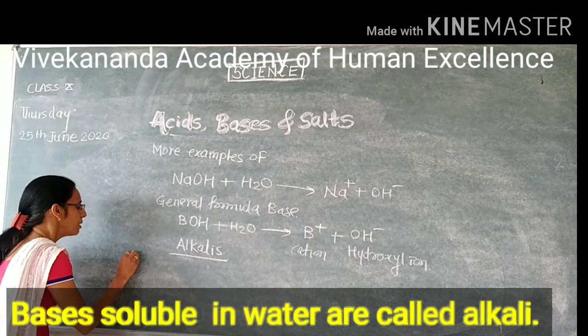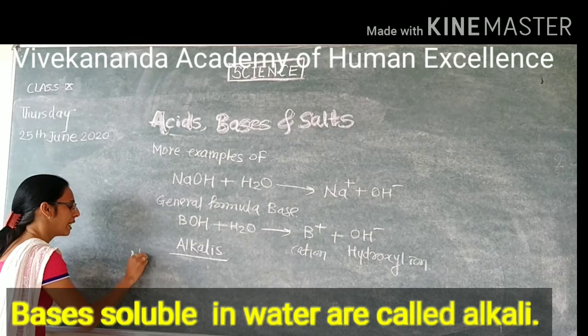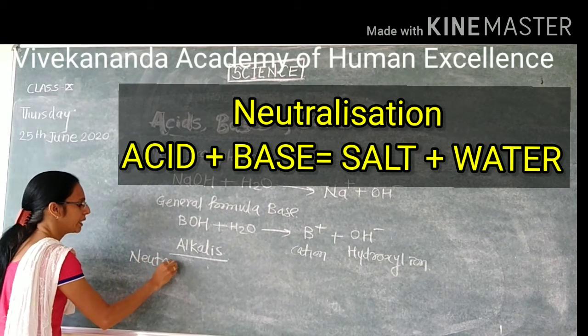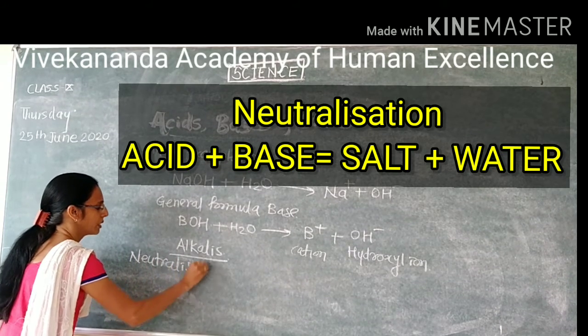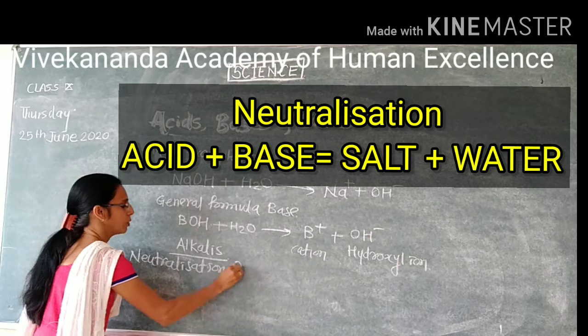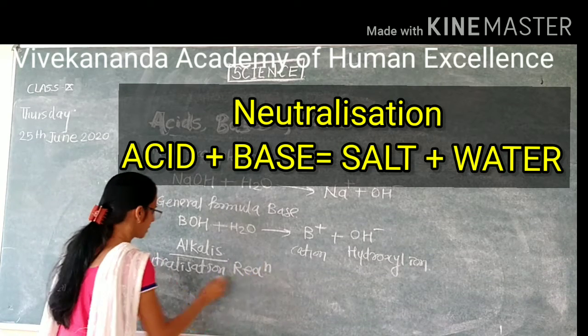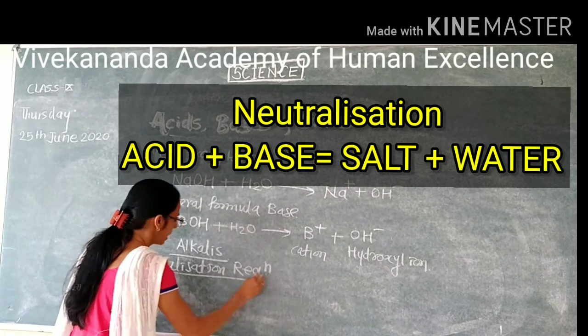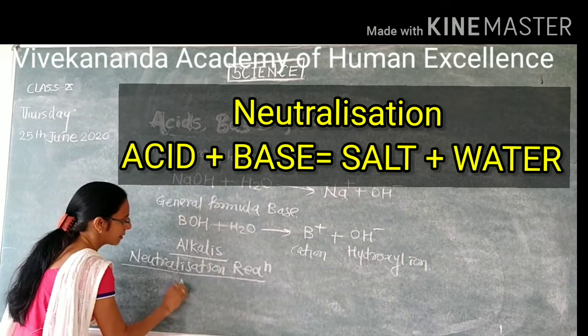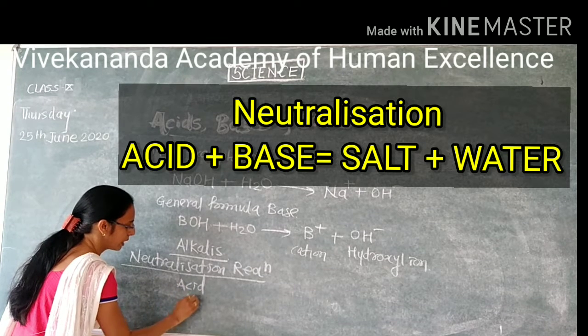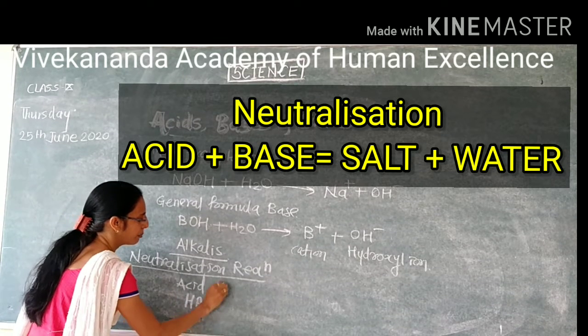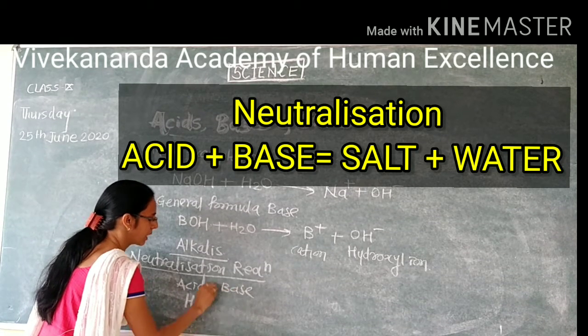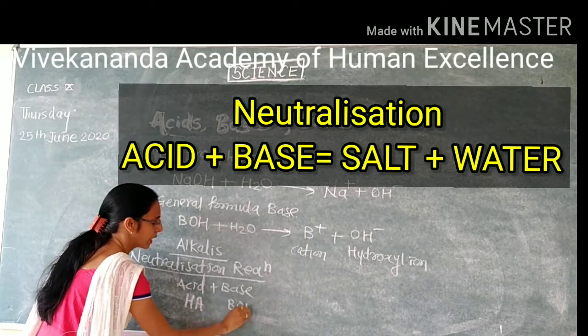Now when acid and base are added into each other, that reaction is called a neutralization reaction, and here we will write its general reaction. Acid is denoted with HA, and base is denoted with BOH.